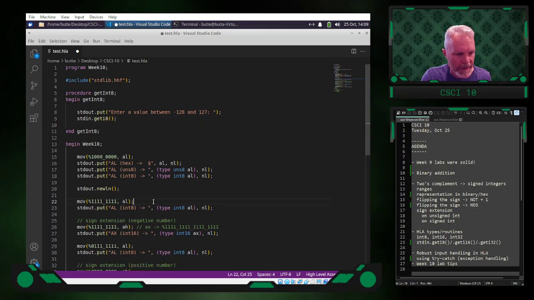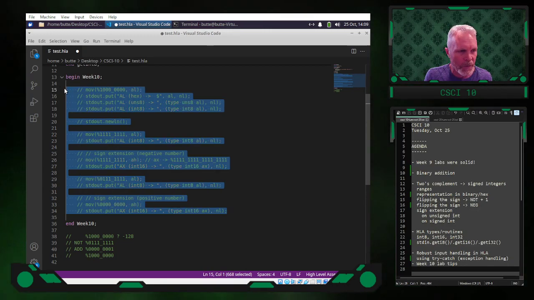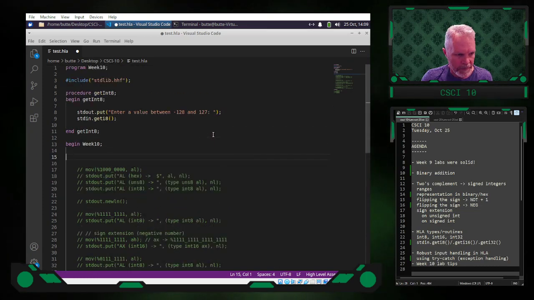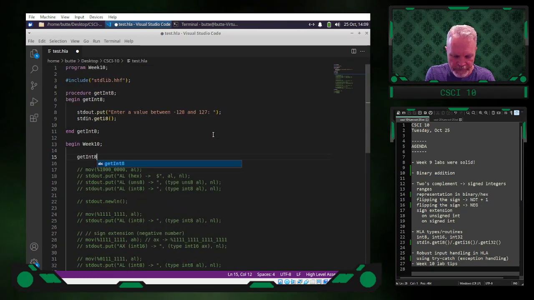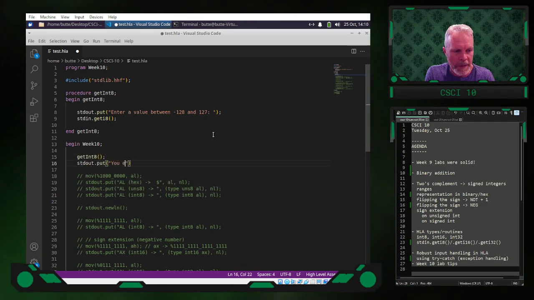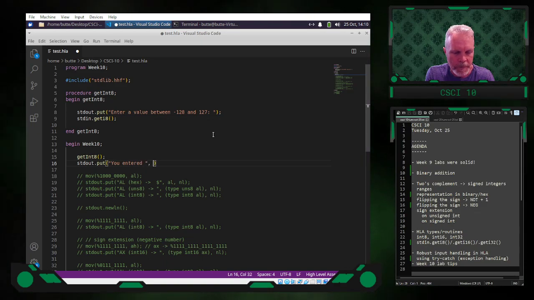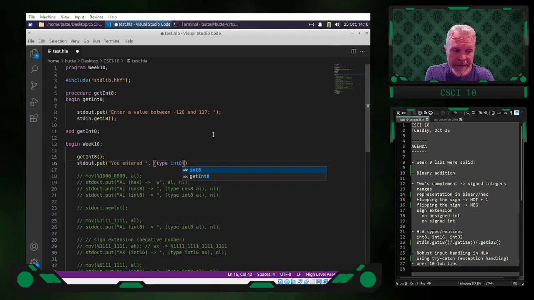I'm going to go ahead down here and comment these things out. So the whole point would be that we invoke this function, and then we can say you entered, and then we're careful here to typecast to the right signed type.